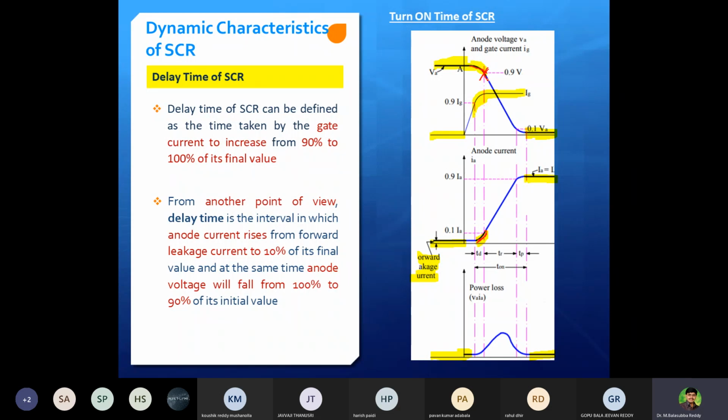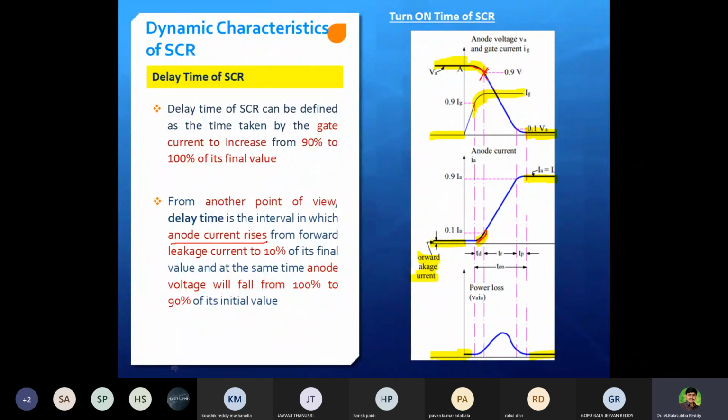It is dropping. Why is the voltage dropping and current rising? Because the device goes from off state to on state, the voltage has to reach a lower value, because if it is completely conducting, it is a short circuit voltage, and the current needs to rise because it is going to conduct, closing the switch. So that is the relation you can see here.